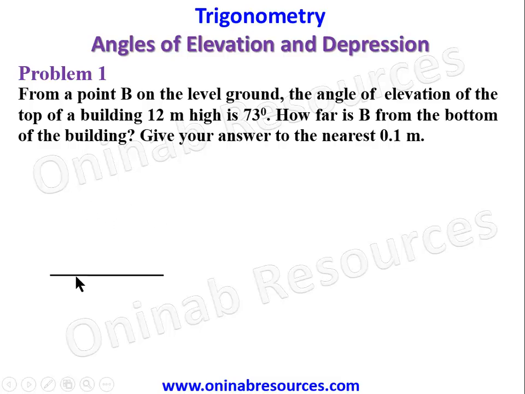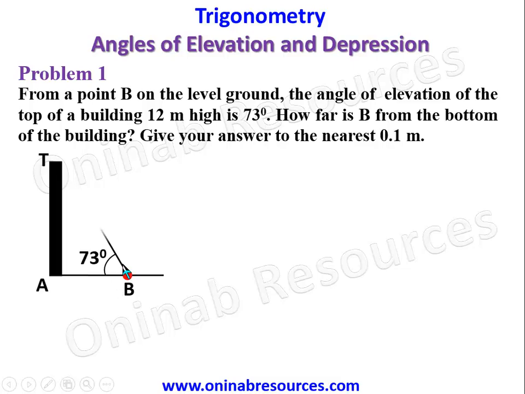So the first thing is to create our horizontal ground, and a building is on this horizontal ground. This is our building. Call the top T and the bottom A. There is a point on the horizontal ground, so we take the point here as B. The angle of elevation of the top of this building is 73 degrees, so we have the angle to be 73.